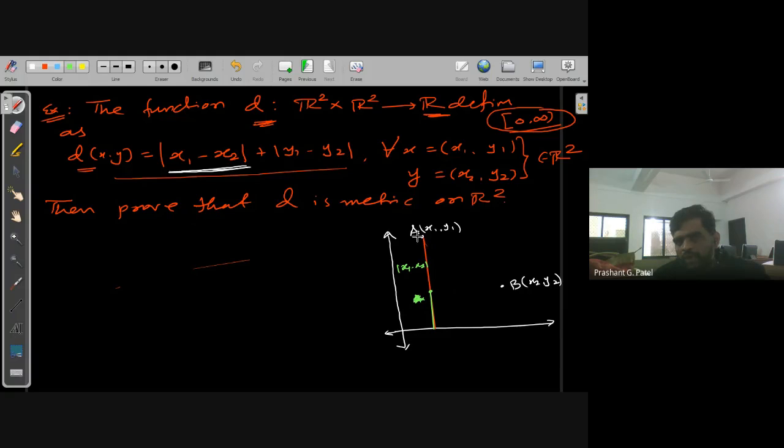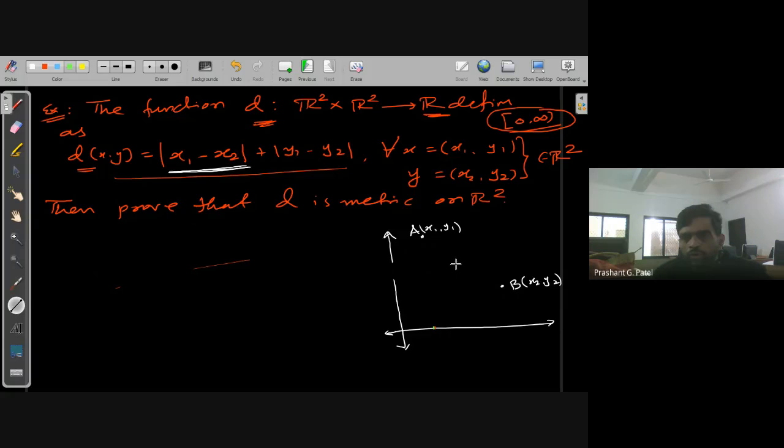So from point A to star point B, this vertical line is the mod of x1 minus x2, and from B to this, what is y1? Sorry, I have done a wrong thing. It is actually y1. So let me explain again.